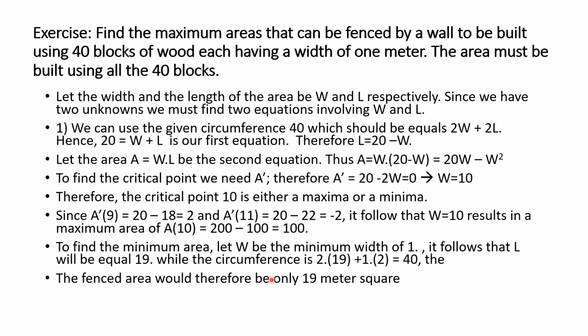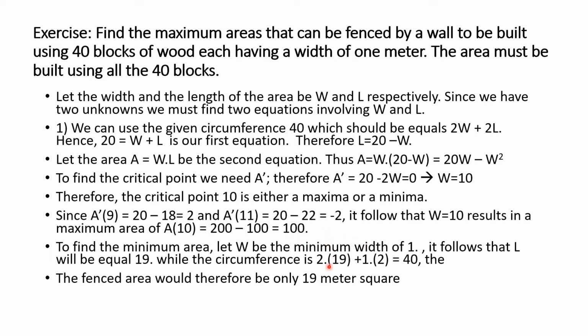The area of the fence when the width is equal to 1 is going to be only 19, because it is 1 for the width and 19 for the length. So 1 times 19 equal to 19. So this is the minimum area, 19, and the maximum area is 100.